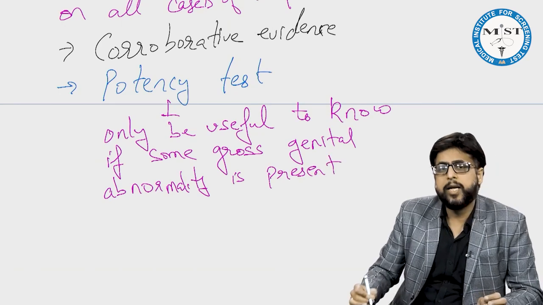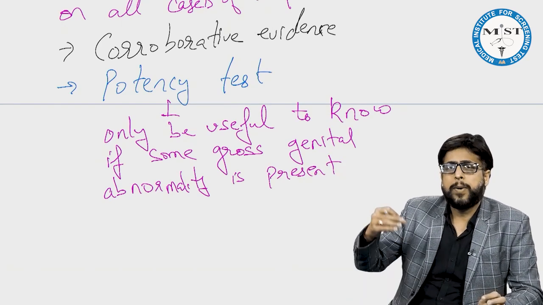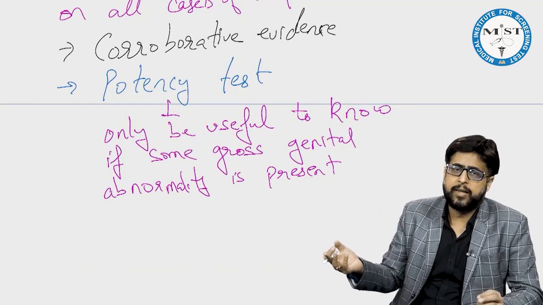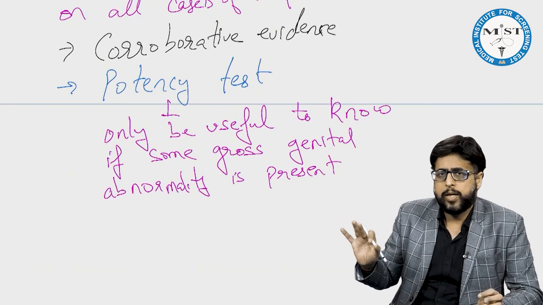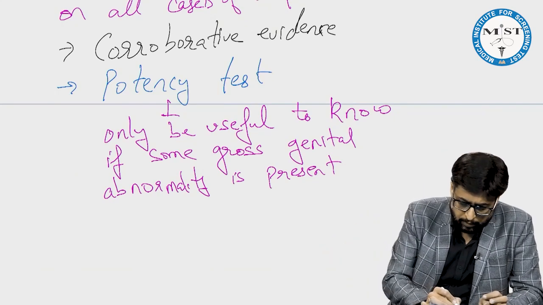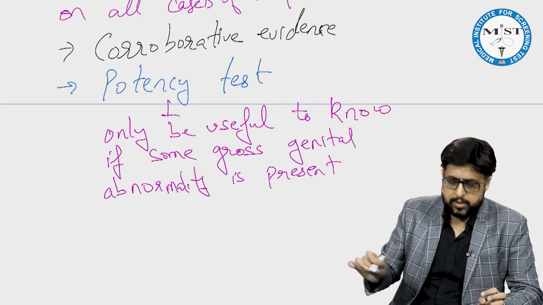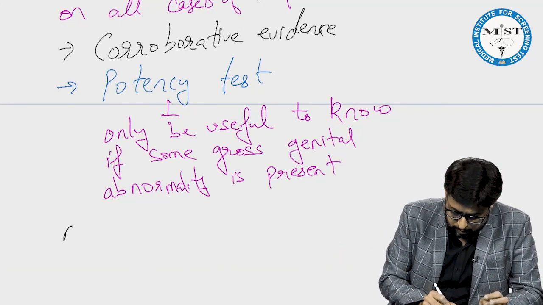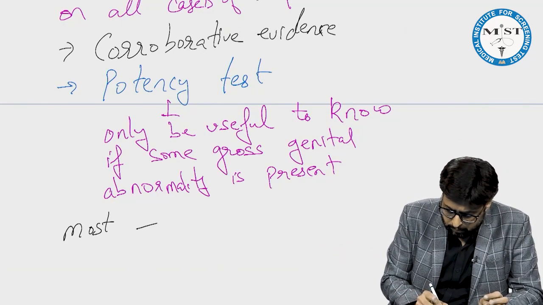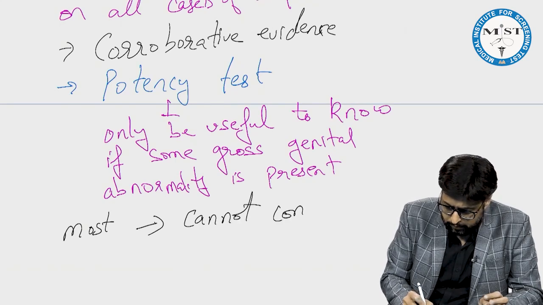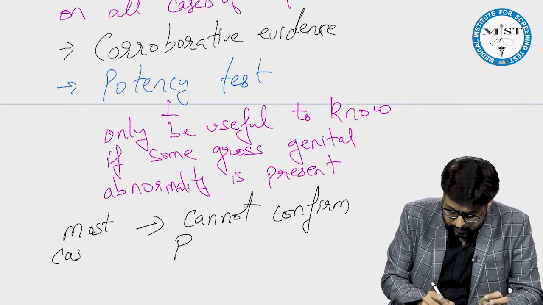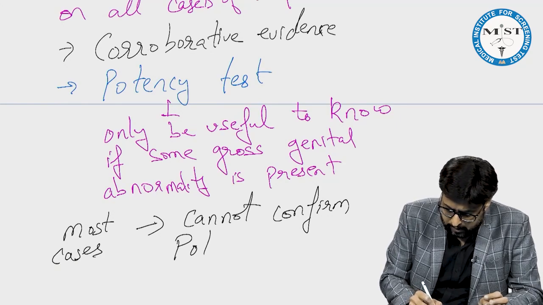If some gross genital abnormality is present, like the penis is deformed or something like that, that information you can get, but in most cases it cannot confirm potency or impotency.